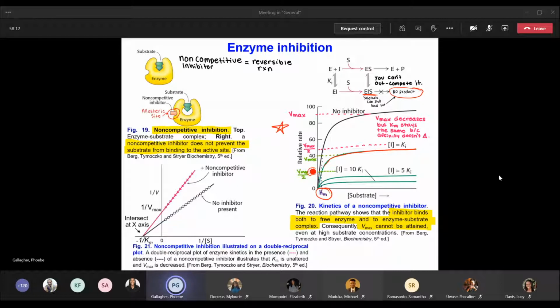So now your Vmax over 2, which is what Km essentially is equal to, that's also going to decrease, and so it's going to be able to maintain the Km at the same point for all of these. Does that make sense, Lucy? Yes, thank you. You're welcome.